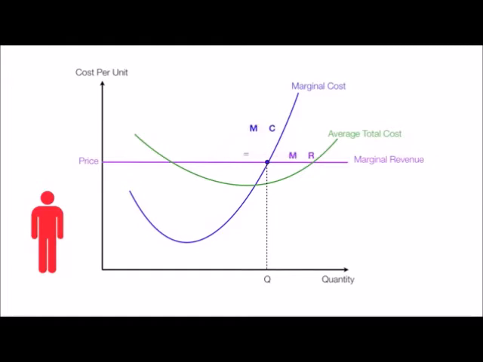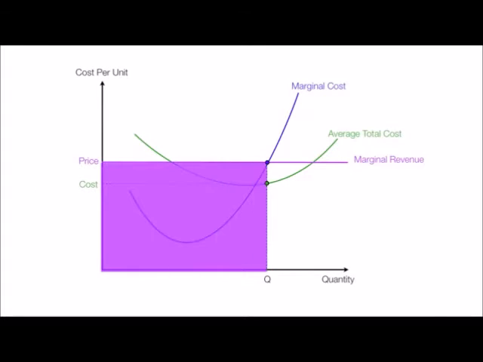Now the cost for the individual supplier, I'll draw a green line up to the average total cost curve, and then across, and this is our cost per unit. Total revenue is this rectangle here, the purple rectangle, and it's simply price times quantity. That's the area.